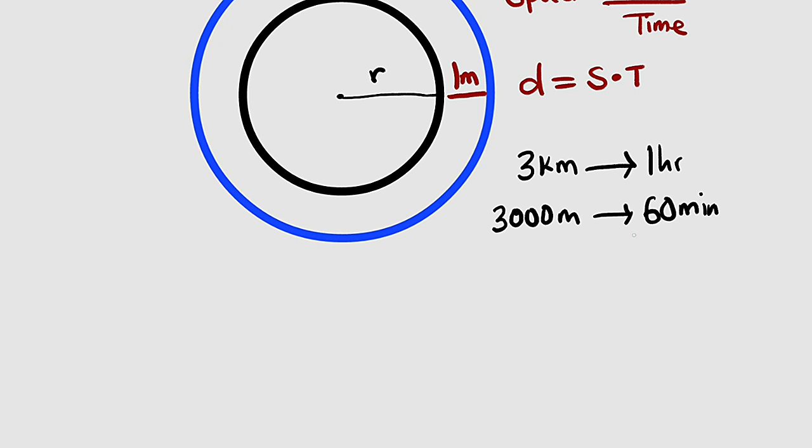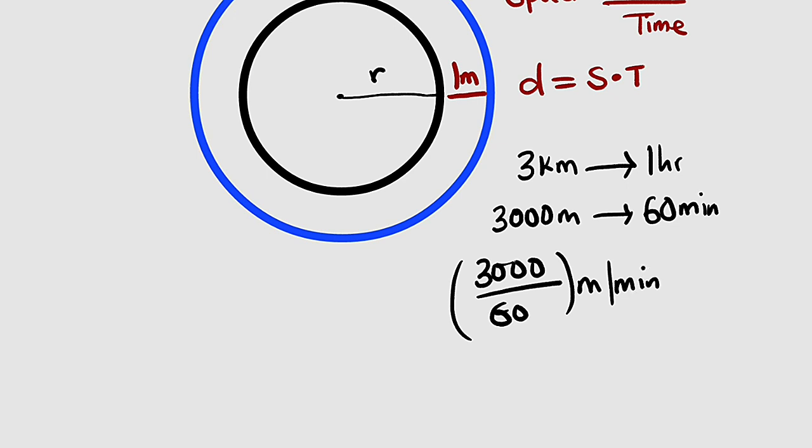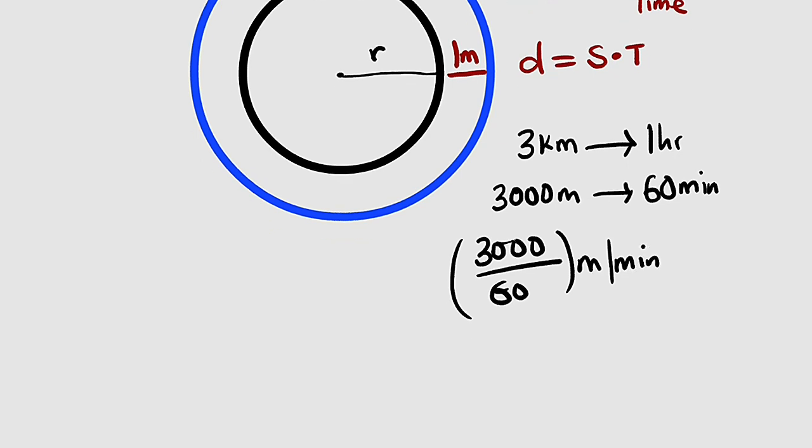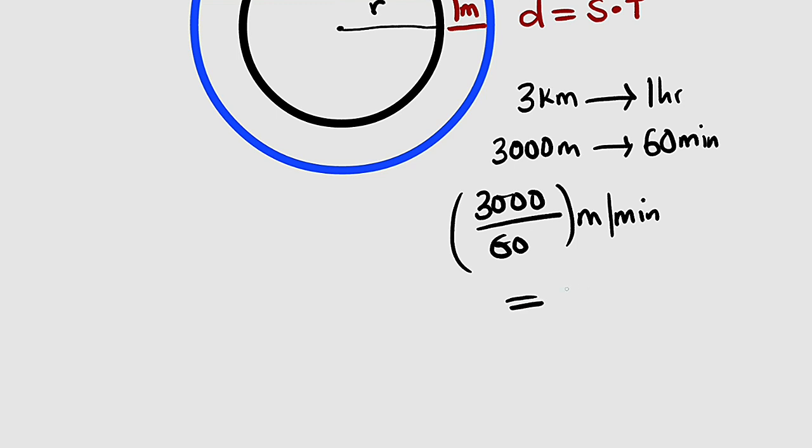So this is 3,000 meters per 60 minutes. This is now meters per minute. And 3,000 divided by 60 is 50. So this is the same thing as 50 meters per minute. So this is the speed.